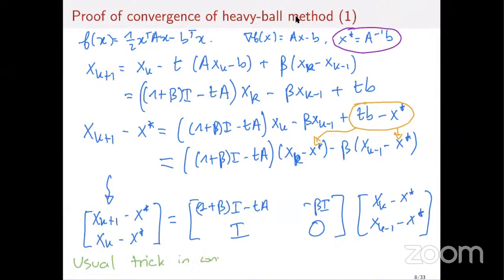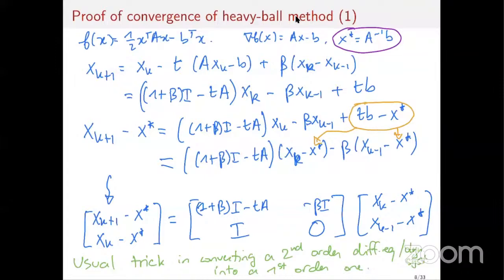in converting a second order differential equation or a dynamical system into a first order one, by augmenting the state space, by adding, in the case of differential equations, the derivatives to the state.